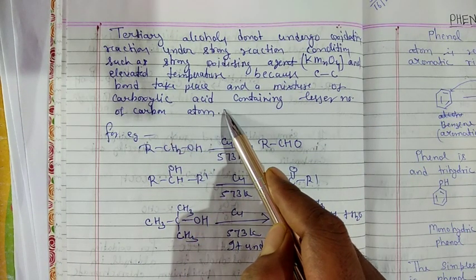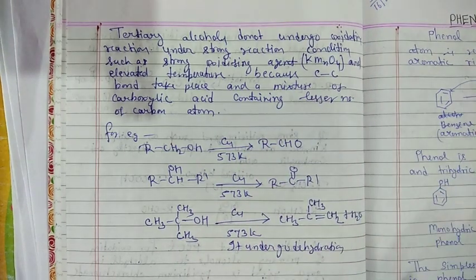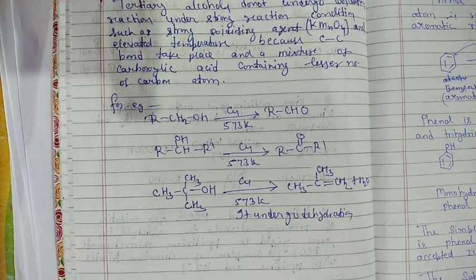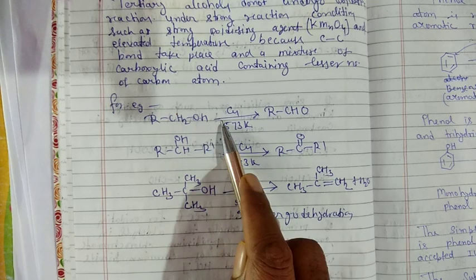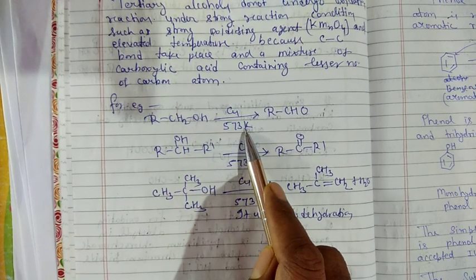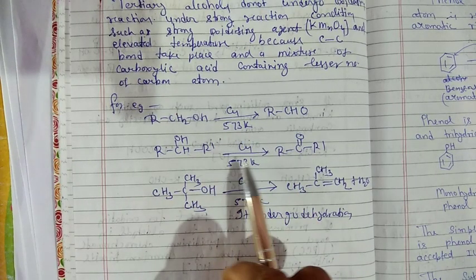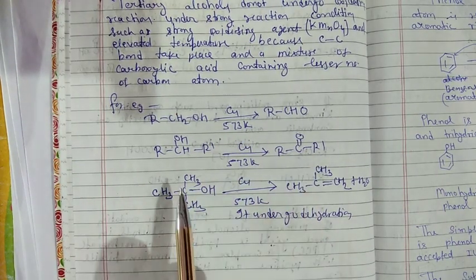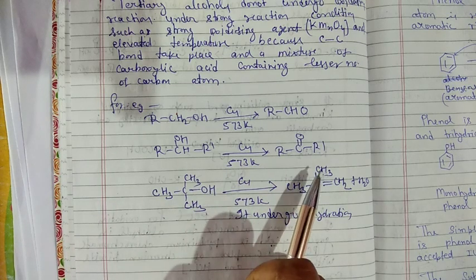So tertiary alcohols do not give oxidation products like carboxylic acids or aldehydes. Primary alcohols passed over copper at 573 K form aldehydes. Secondary alcohols passed over copper at 573 K form ketones. But tertiary alcohols do not give any aldehydes or ketones.